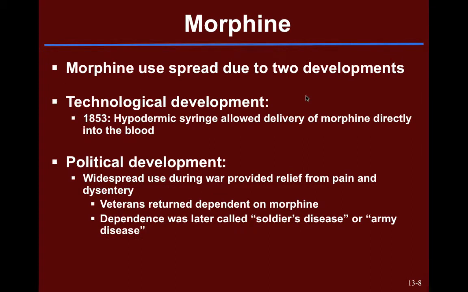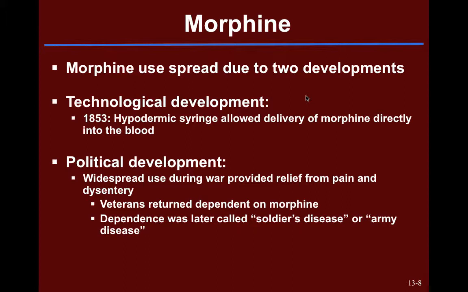When morphine was developed and its use started to spread, it was more dangerous because of its higher potency and toxicity. There are really two major influences on its use. First was the technology to deliver it. Morphine was delivered through the use of a hypodermic syringe, so in order to have that injectable form, we needed to have that equipment readily available. And then there were also some political developments going on at the same time.